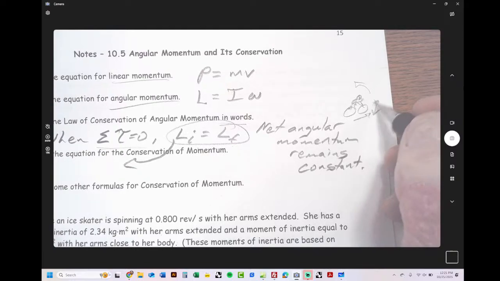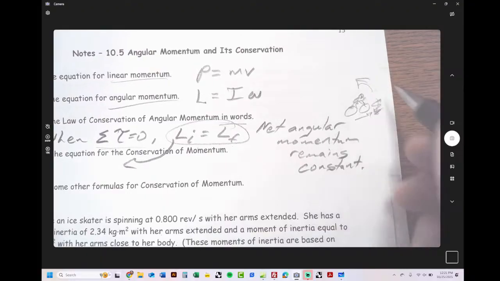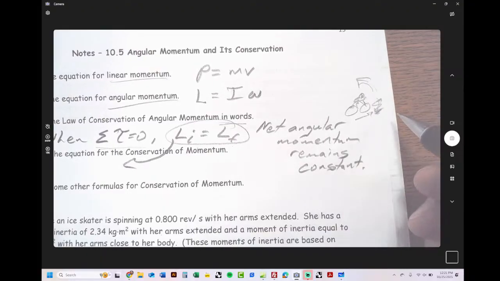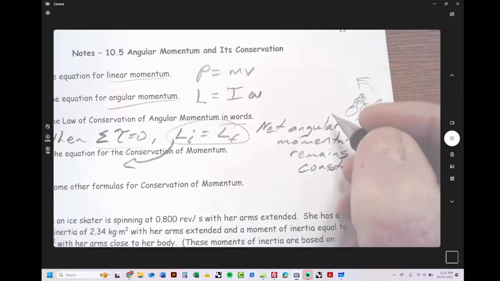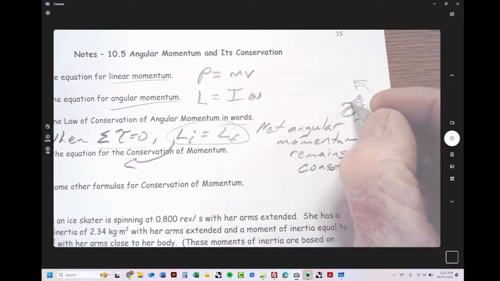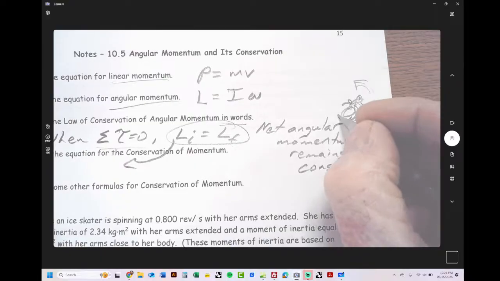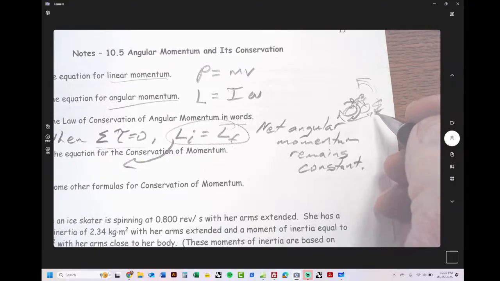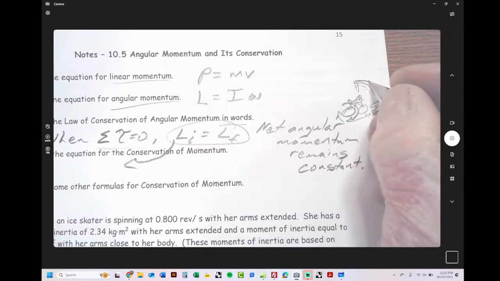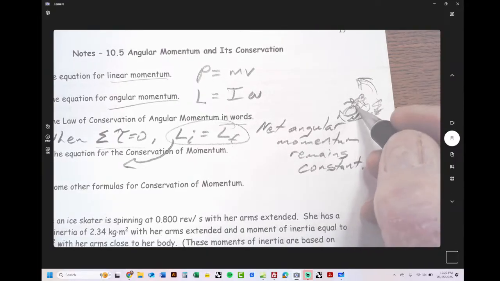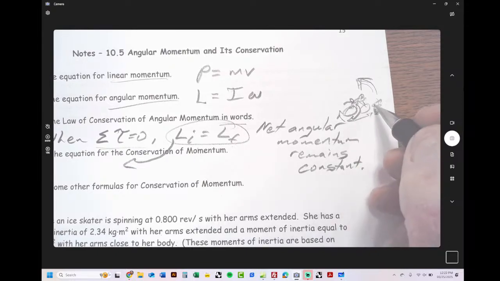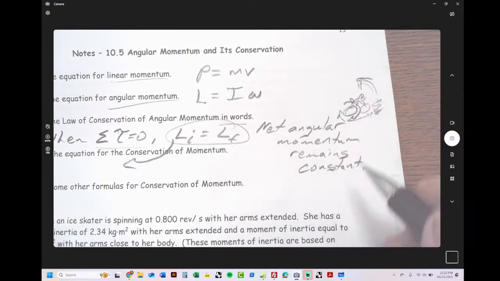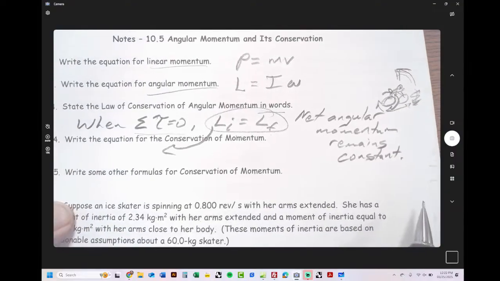So why does giving it more throttle make the motorcycle go this way? Which wheel spins? This rear wheel is going to start going more clockwise. But if it goes more clockwise and the net momentum has to stay the same, then what has to happen to some other parts? They have to go the other way. So if you increase the momentum of this part clockwise, that has to increase the momentum of the rest of the motorcycle counterclockwise to conserve the momentum.